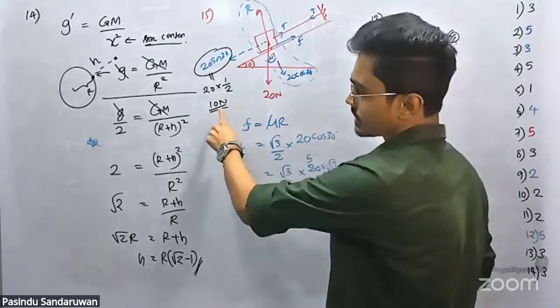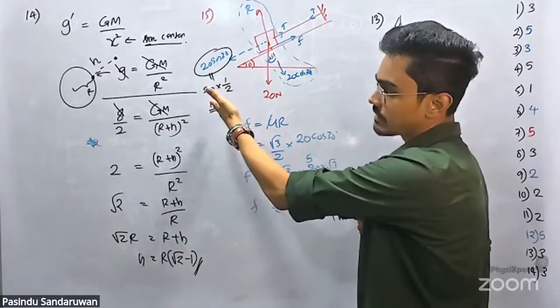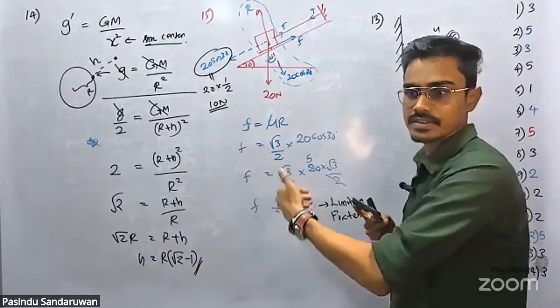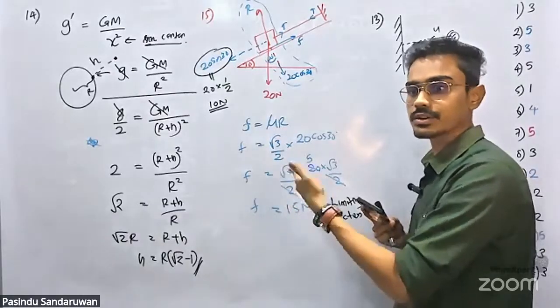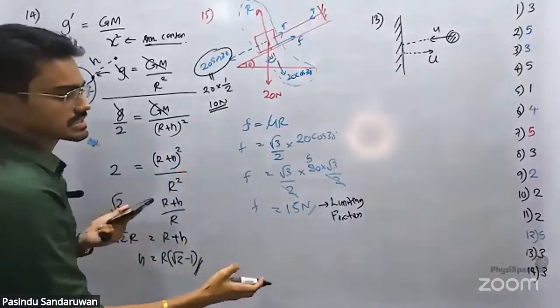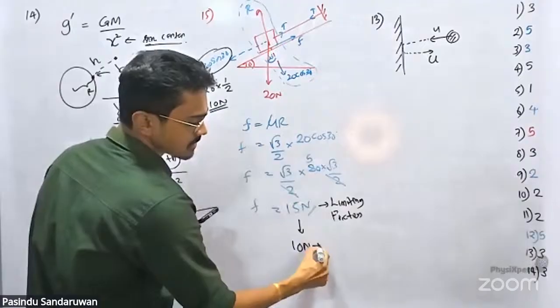But yet, the downward force is 10. Which means this 10 will be counterbalanced by friction in the self-adjustment region. Now in this case, friction will also be adjusted to 10. Because this tendency is 10, friction will be adjusted to 10 newtons.